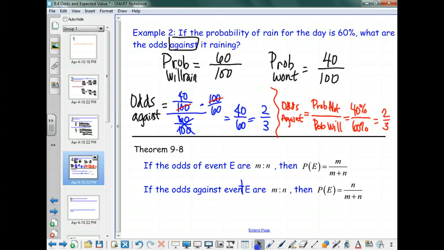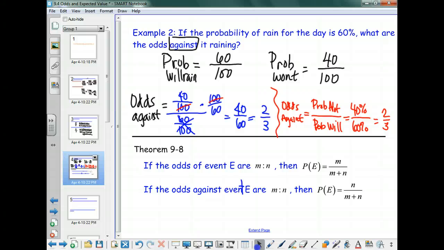I said, if I had 5 ways, where did I get 5? I added the 2 and the 3. That's where my 5 came from in that discussion a moment ago.